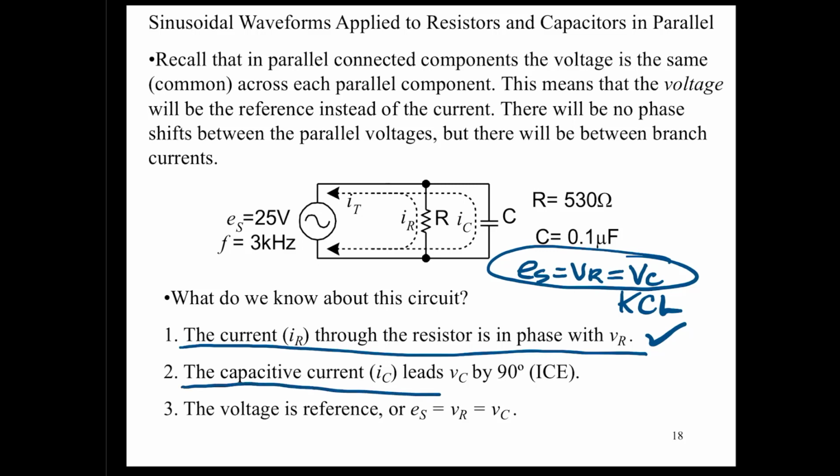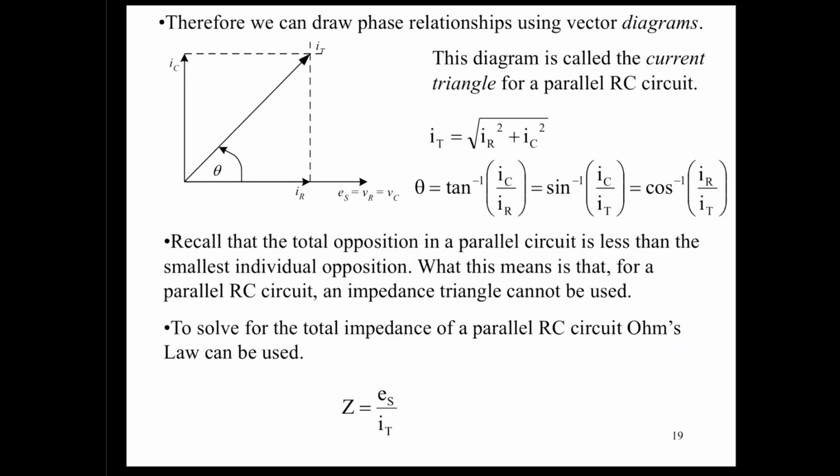This next statement, the current of the capacitor will lead the voltage of the capacitor by 90 degrees. That still applies. It will apply every time. The voltage is the reference and all of the voltage values are in phase. ES equals VR equals VC. Correct. Those are all true statements.